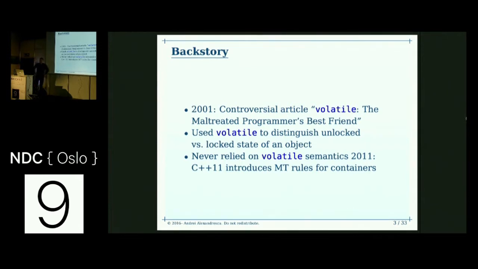I'm not kidding. The editor fixed that for me, and it's the first time I'm noticing it. I'm rehearsing the slides, and I know this title, so my eyes skip over it. And at this moment, I noticed it says "maltreated," which is kind of whimsical. It's interesting that that autocorrect happened. It's visionary, right? The maltreated programmer's best friend.